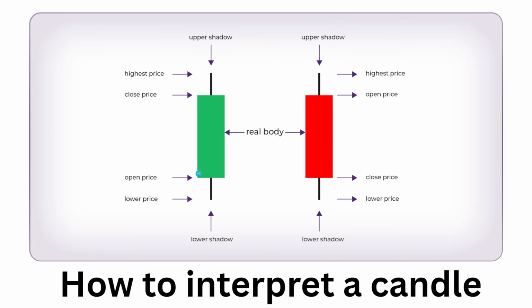And say the opening price is $100, and it starts to drop a bit, then it goes to like $99.5, but then it gets bought back up at that point.